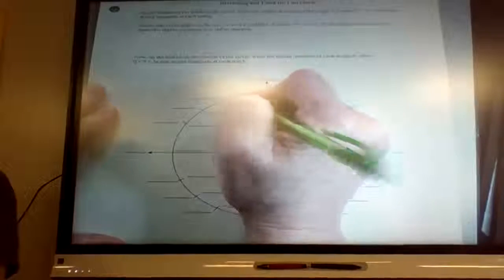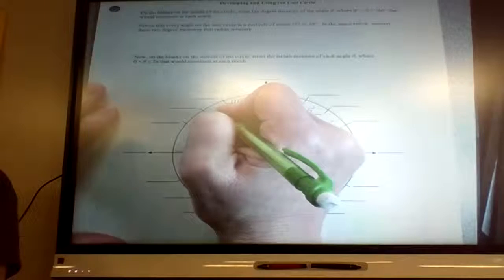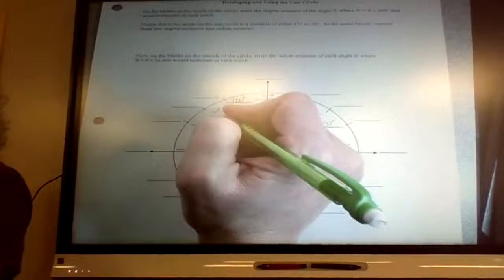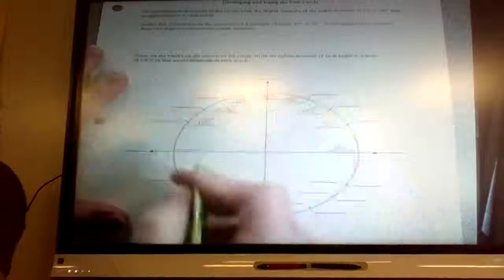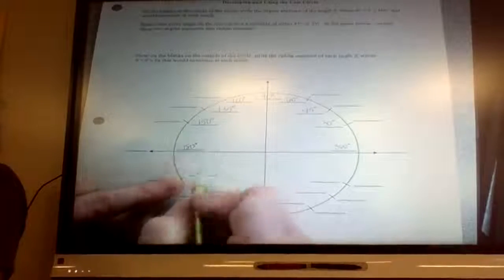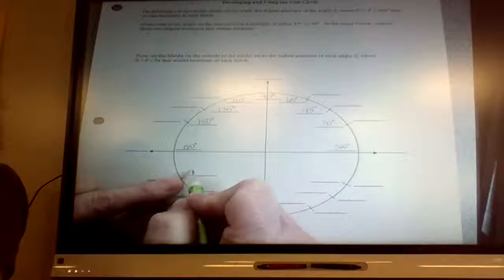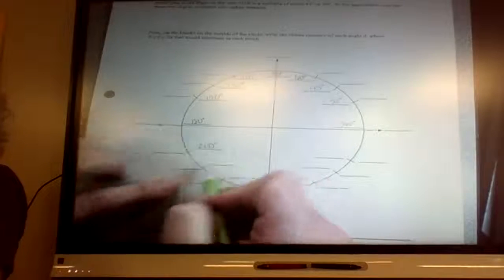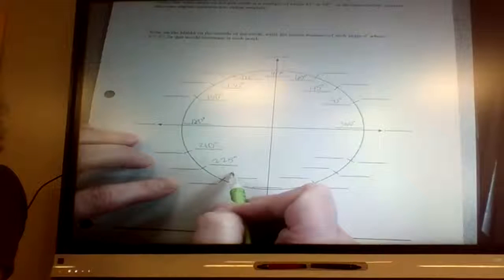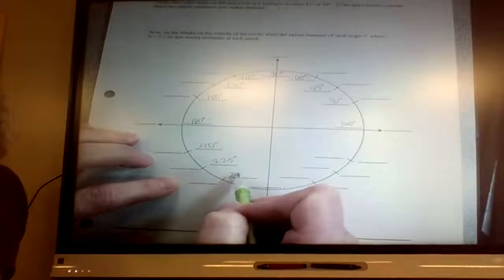How many degrees is this one? 135. 150. And then 180. Yes. 210. 225. 240.